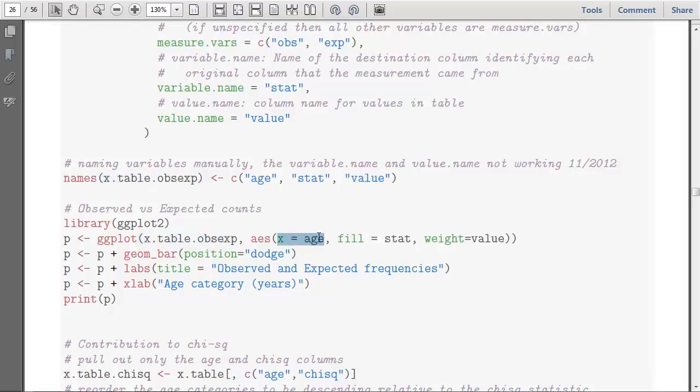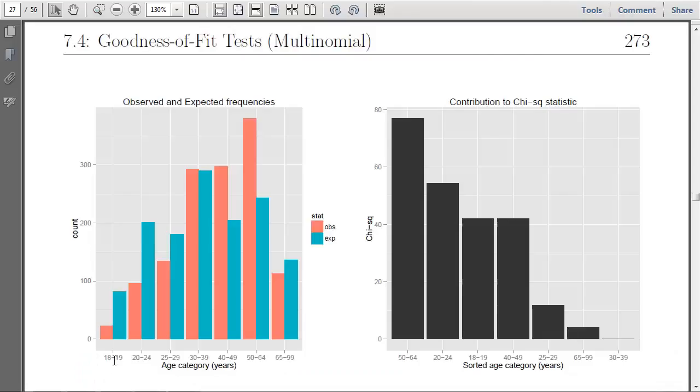The x variable are the ages. The fill color is based on statistic, so whether it's observed or expected. And then the weight, that is the values, the height of the bars that we're plotting, are going to be the value. So those are the frequencies for each of those. And so if we scroll back down, we've got the categories along the x-axis.